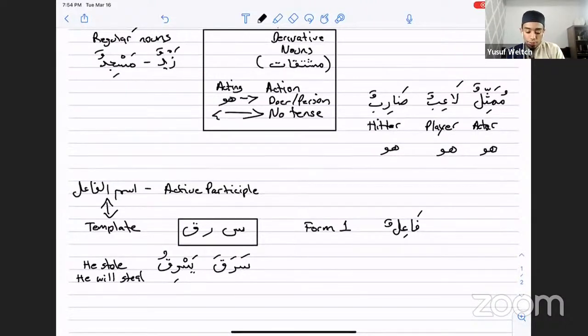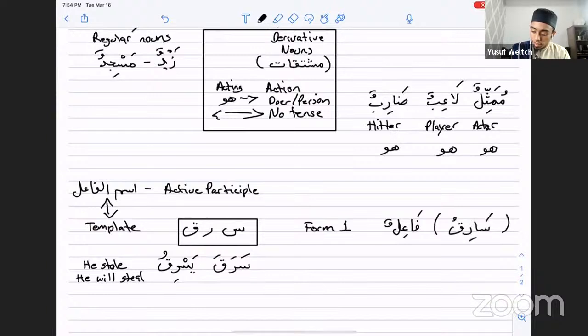So what would be the active participle of the root letters sin, ra, qa? Sariqun. Good. So the sariq is a person because it's masculine, singular.